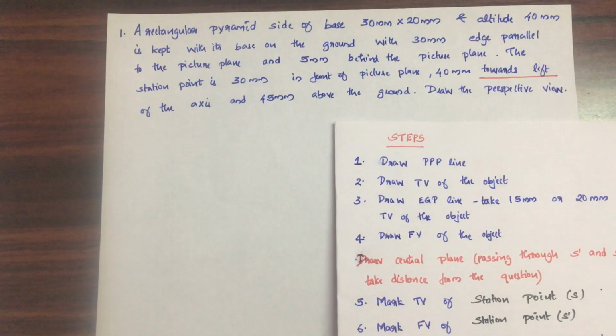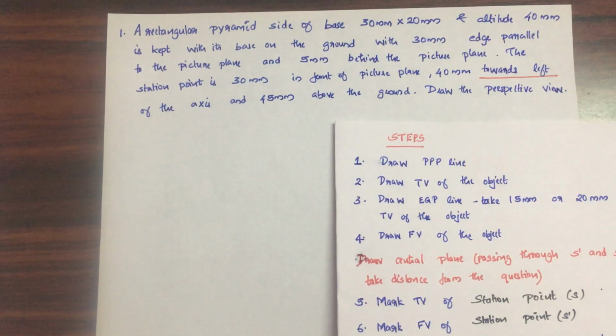Where do you have to draw the PPP line? In the previous videos, it was stated where the PPP line is coming, where the EGP line is coming and where the EHP line is coming. We should ensure how many mm are coming below the PPP line.